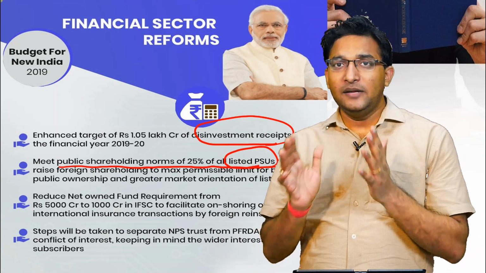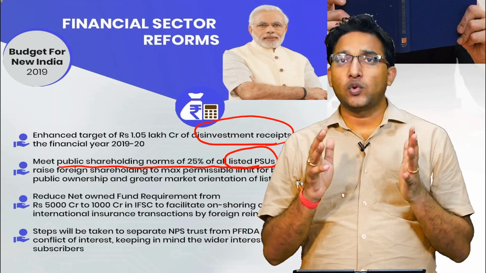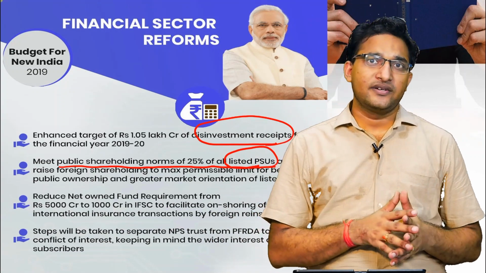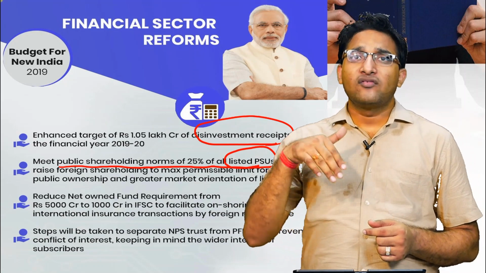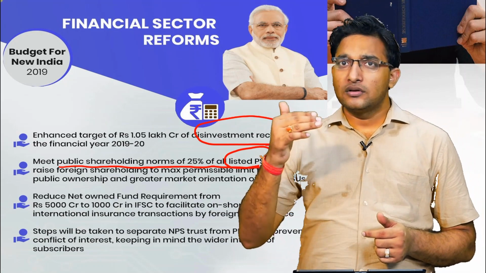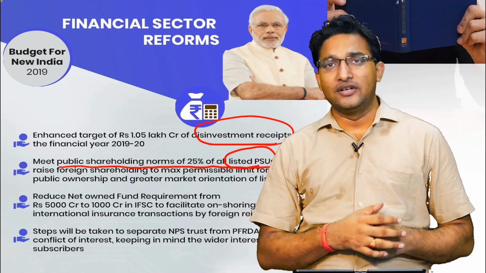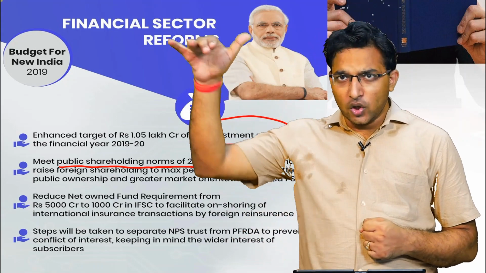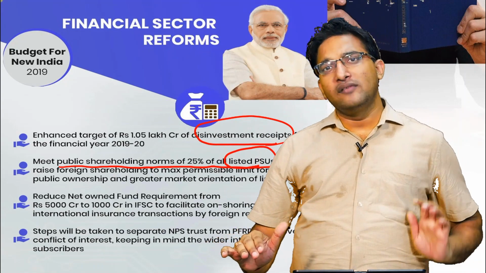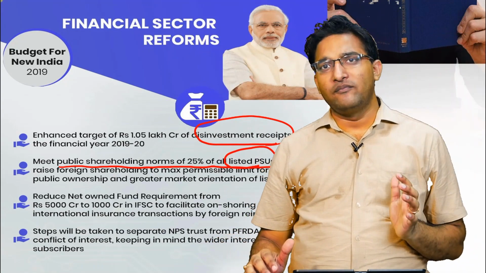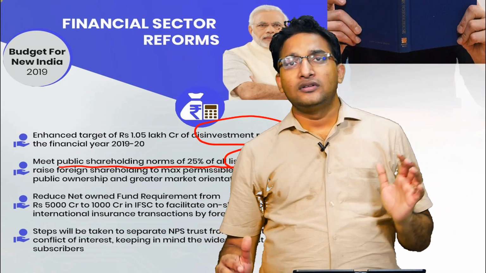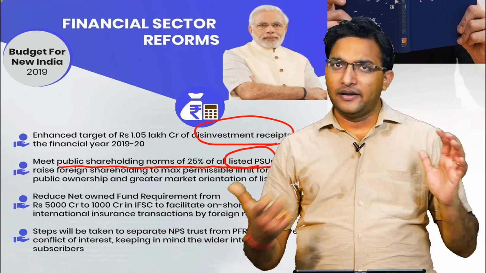That is, in many PSUs, the public shareholding is below 25%. So now the government is saying that we will ensure that in all the PSUs at least 25% public shareholding is there, right? So the government shareholding will be reduced and the public shareholding will be enhanced. And by this initiative, the government will get funds from the public, right?